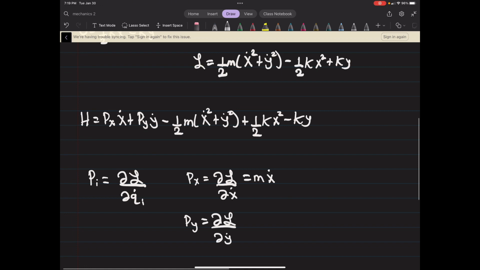From here, we can express x dot in terms of our generalized momentum, and we can define y dot in terms of our generalized momentum.